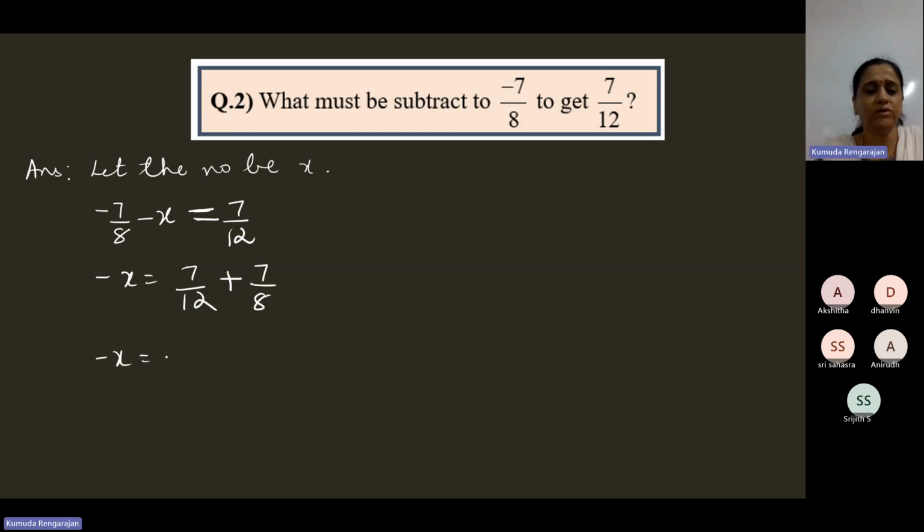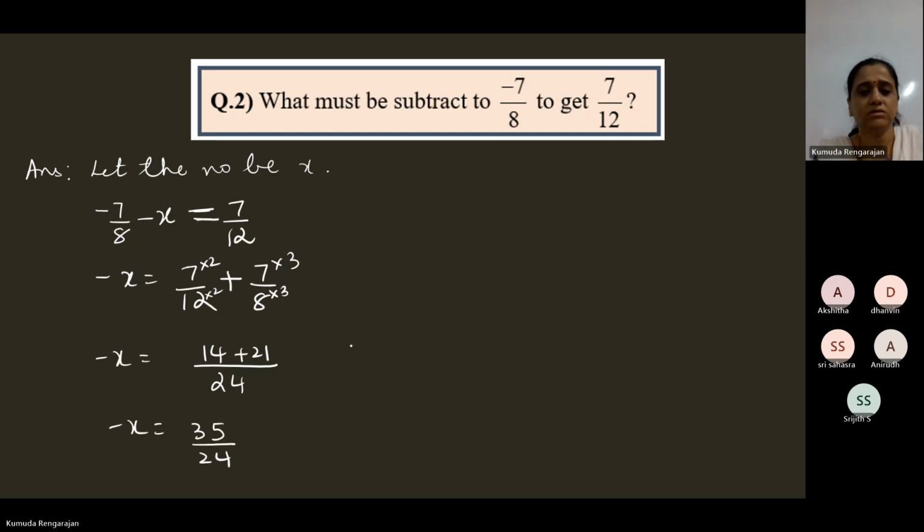So minus x is equal to, the common denominator is 24. 12 is 2 into 2 into 3. So 14 plus 21. So x is equal to minus 35 by 24.